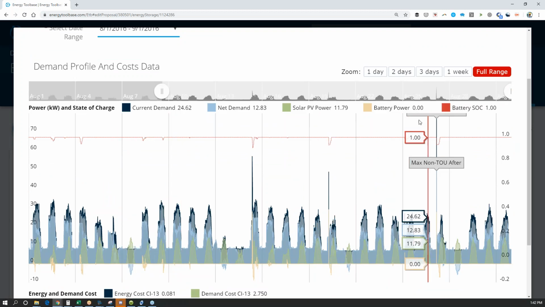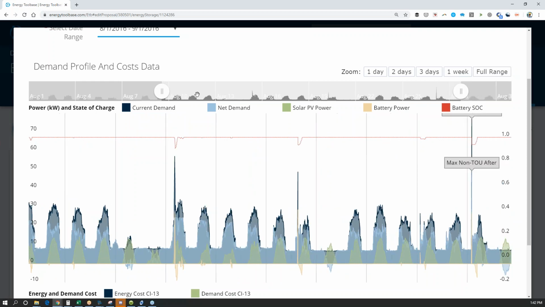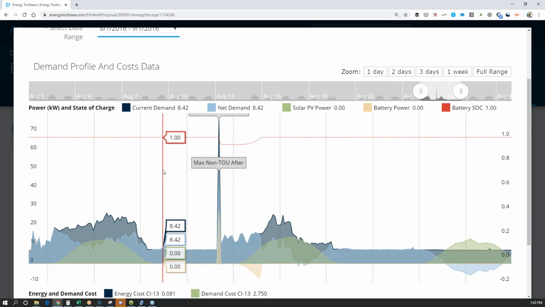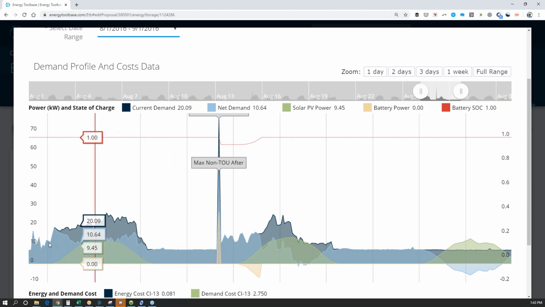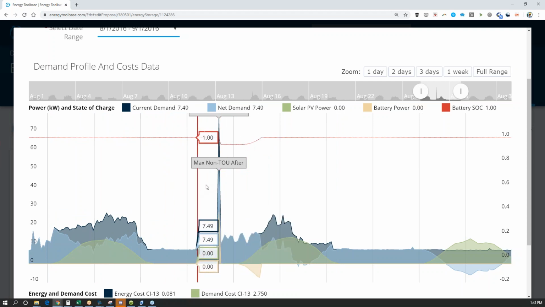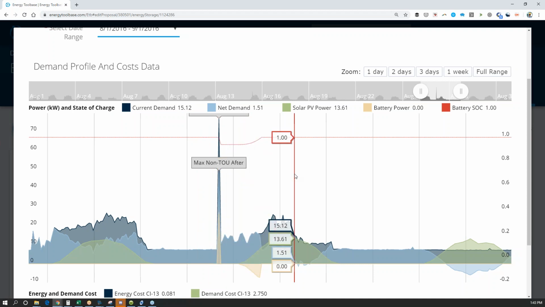And so what we have here is that one day we were looking at yesterday in class, where just one day they have this anomalous event, and we can see that the battery is being used during that time. And what's happening is it's being limited, it's being throttled by its discharge capability.